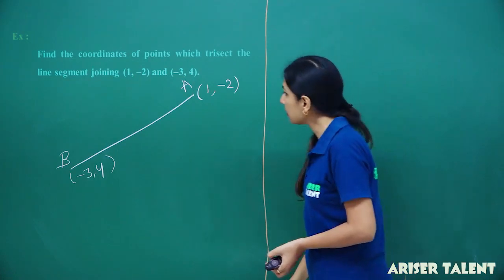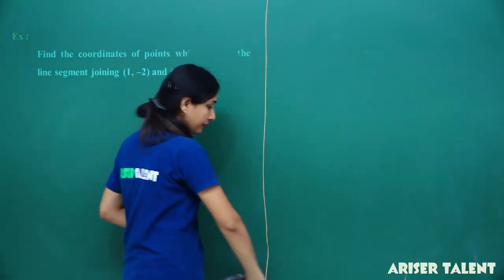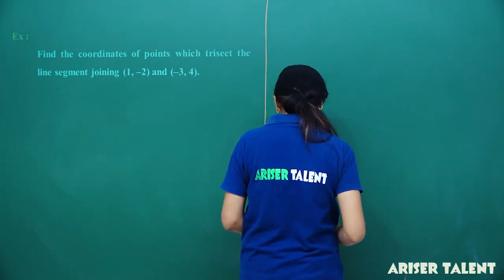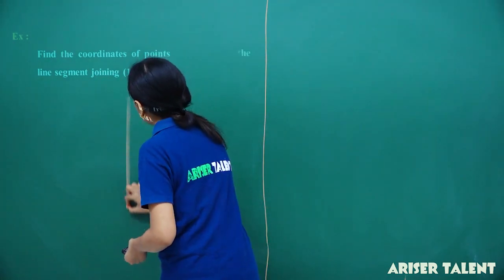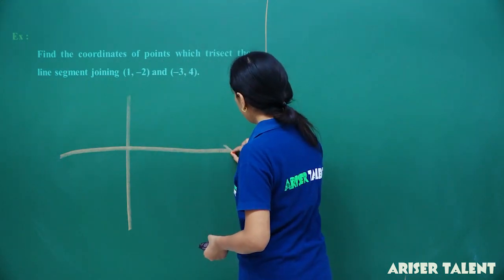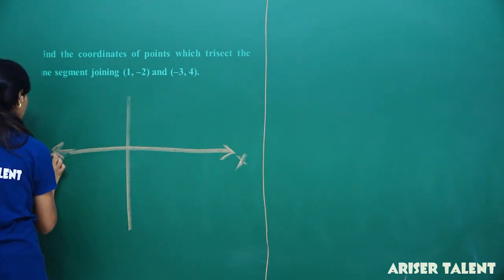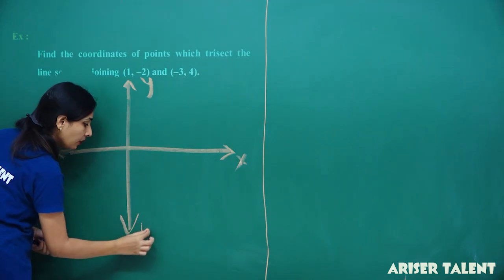Or can we just have this graph where they will be lying? If this is the graph here, that will be x, here x dash, there it will be y, and there it will be y dash.